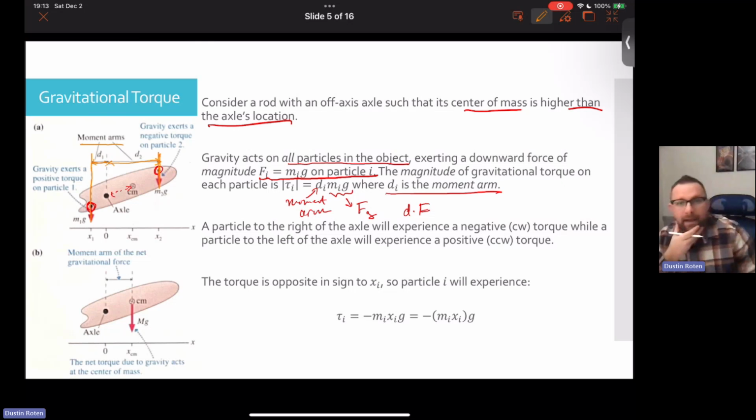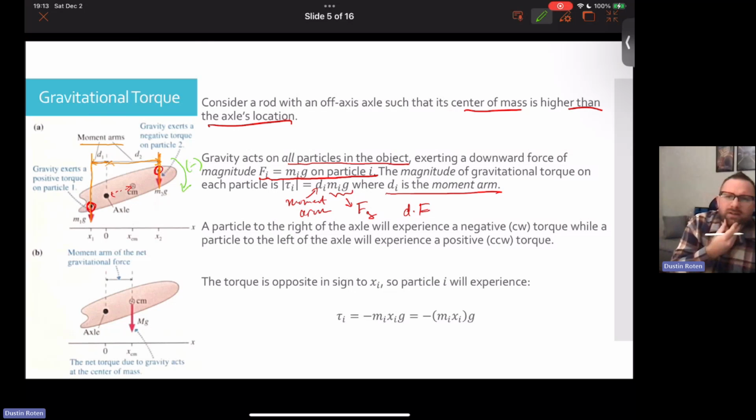So a particle to the right of the axle will experience a negative torque. You can imagine that a particle to the right is wanting to spin this way, and that is indeed a negative torque.